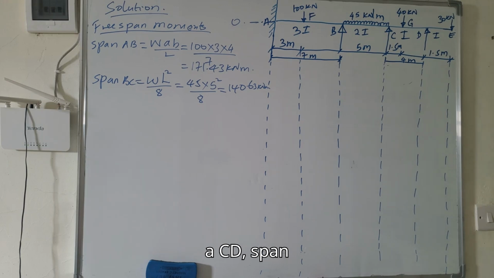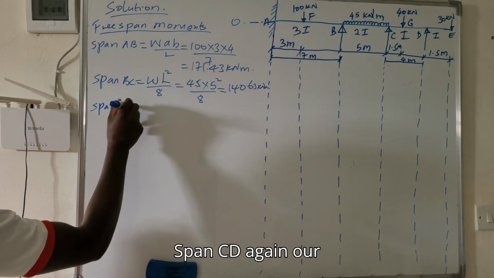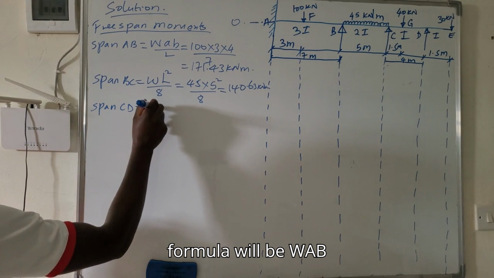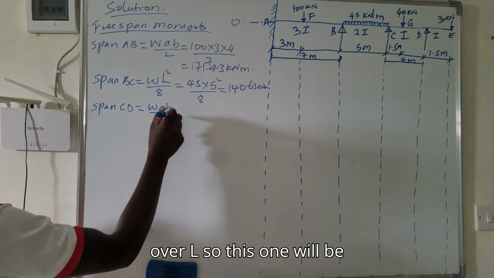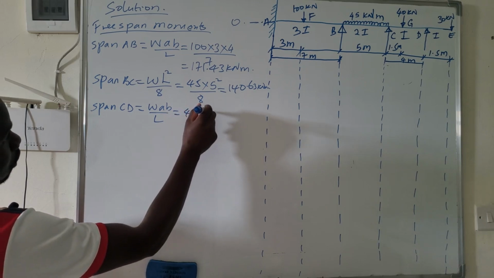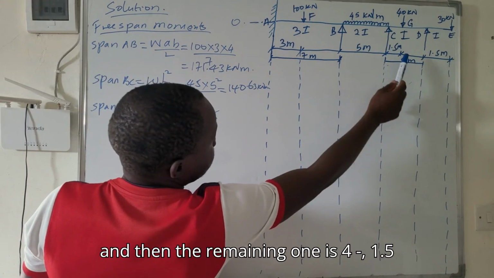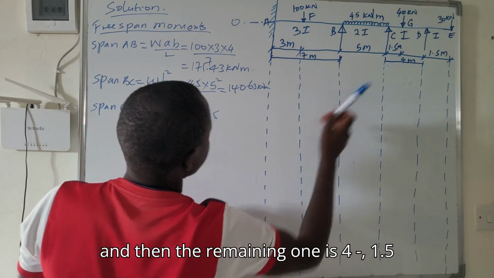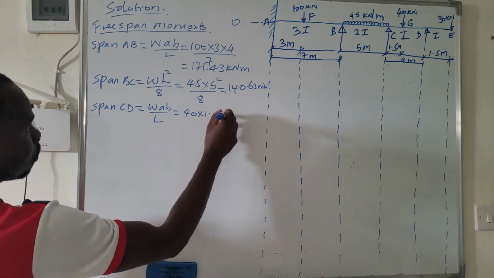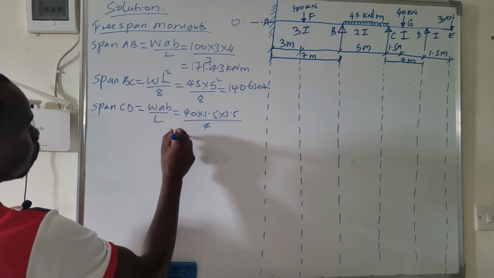And then we will proceed to span CD. Again, our formula will be W a b over L. So this one will be 40 times 1.5, and the remaining one is 4 minus 1.5, which is 2.5, times 2.5 over L, where L is 4.